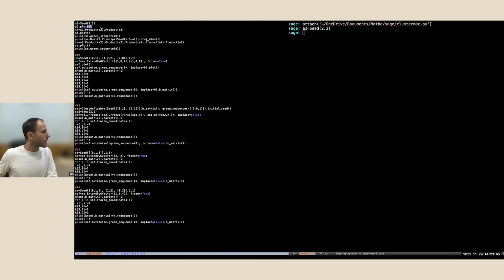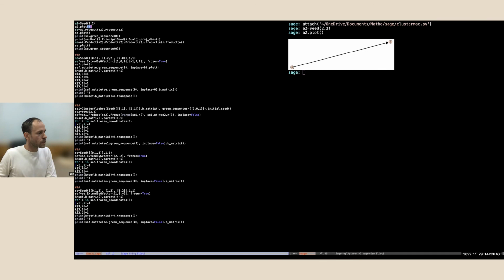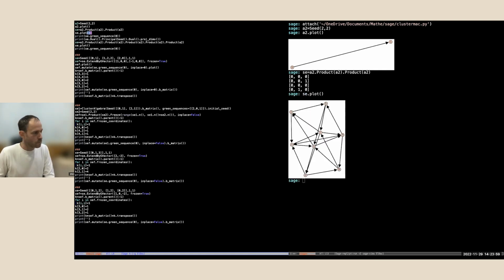So let's consider the A2 quiver. And we take the triple triangle product of the A2 quiver itself, which looks as follows. And then this comes with an explicitly given green sequence. So this result is explicit, and it doesn't really take time to compute.